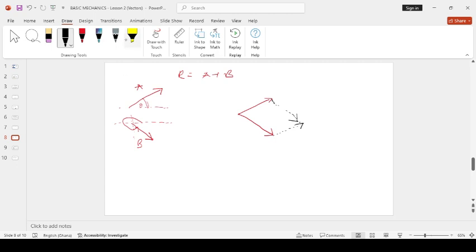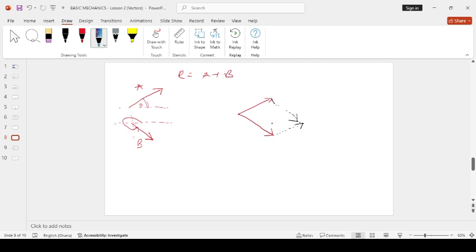So suppose that I draw a diagonal here, I'm going to get that diagonal to be the resultant of the vectors. In other words, if I put the diagonal here, it's still going to give me the same value, right?